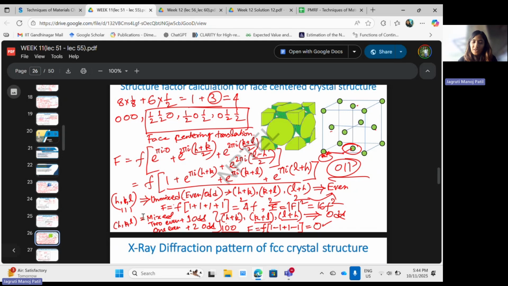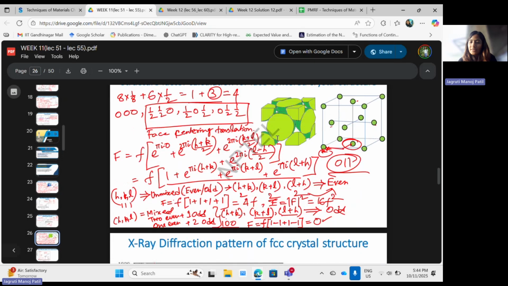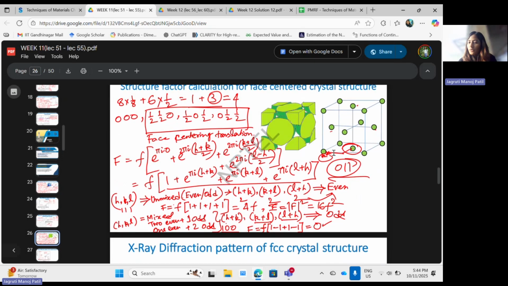So everything here is based on that. Let's take one such example, this FCC crystal. You knew that for a face-centered one, you need all corners, then you need the face centers also. So if you compute, the 8 corners will contribute 1 by 8 for each, so that's 1, and then 6 face centers contribute 1 by 2 each, giving 3.